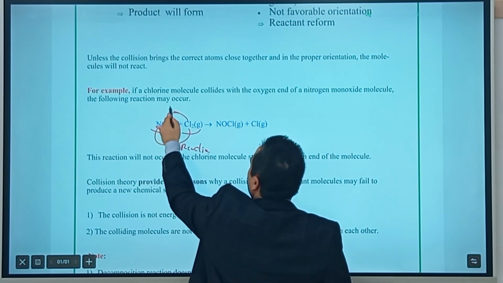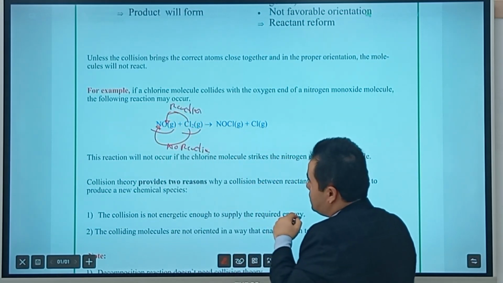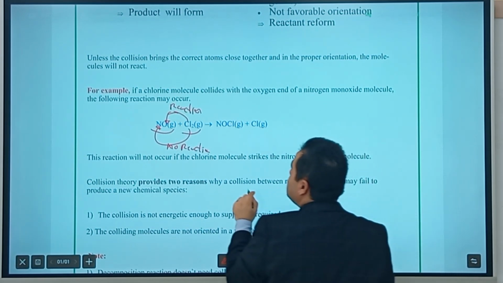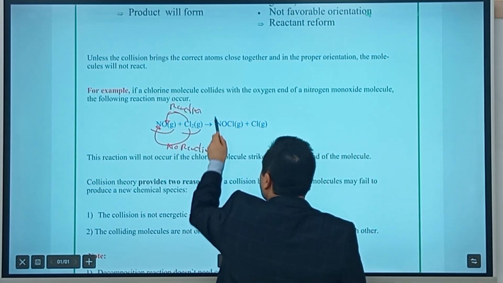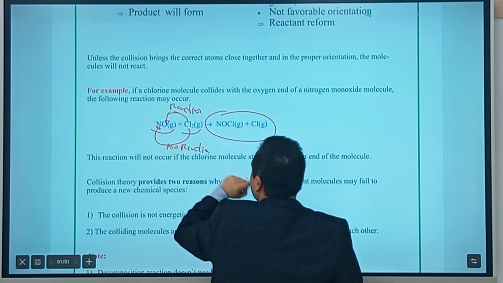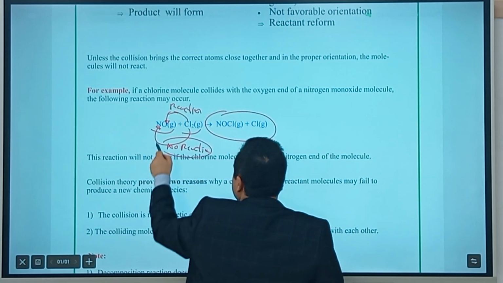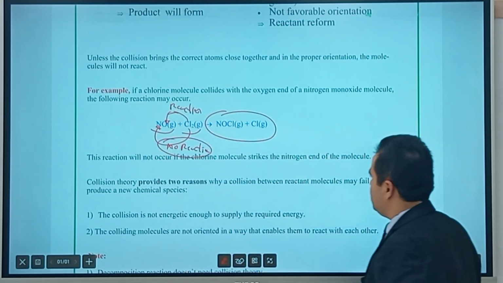If it collides with the oxygen, there will be a reaction. Why? Because the appropriate orientation of collision to form product is the collision of the chlorine with the oxygen, not with the nitrogen.